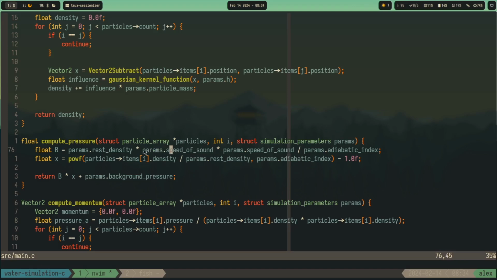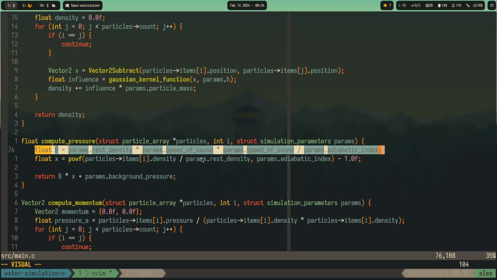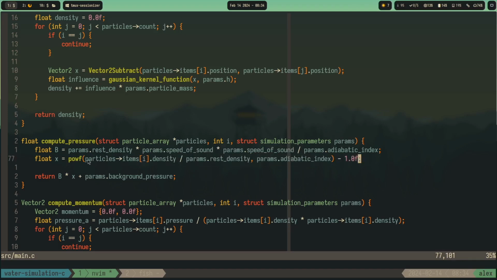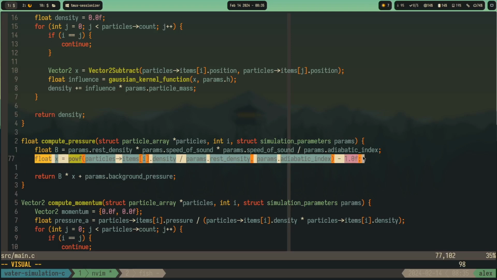Like this should be a function on density, right? So yeah, basically this would change the pressure if we take this into account. Then what else we have here is just the particle density divided by the rest density, because we want to get to the rest density. That's the point. So this cannot really change.